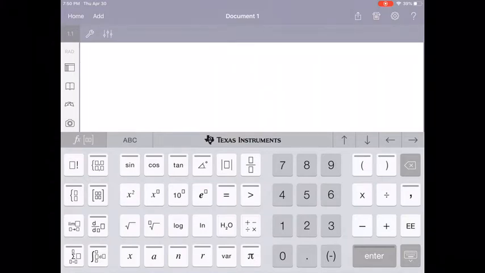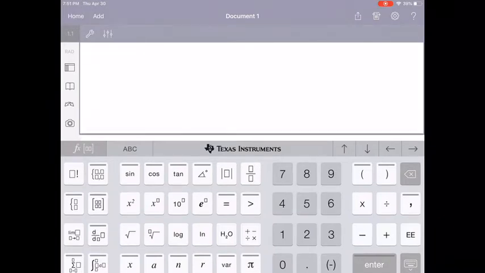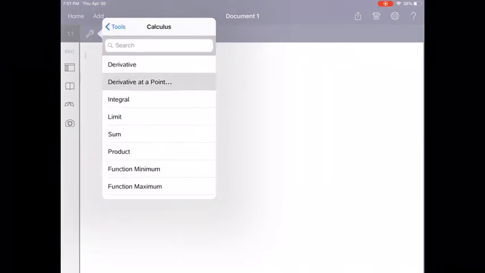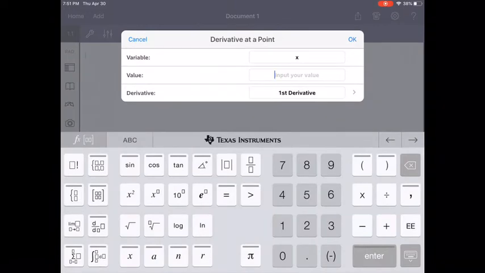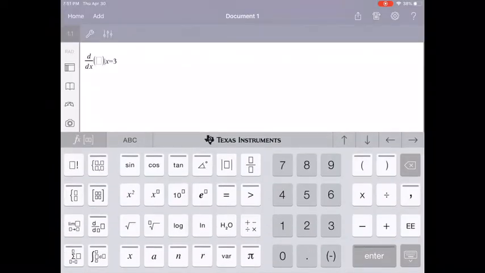So we're trying to find the derivative. There should be calculus, here, a derivative at a point. That's what I was looking for. Variable x equals 3, first derivative, okay. So there you go. So now I just have to put in the function.